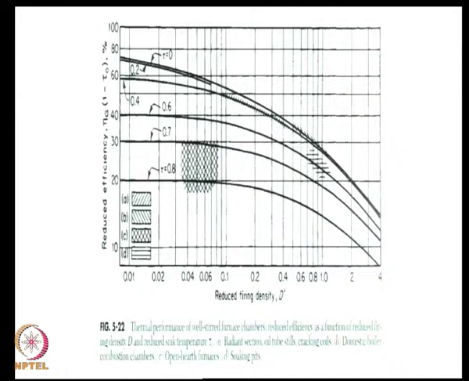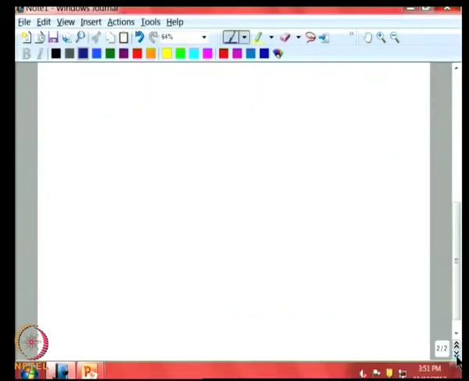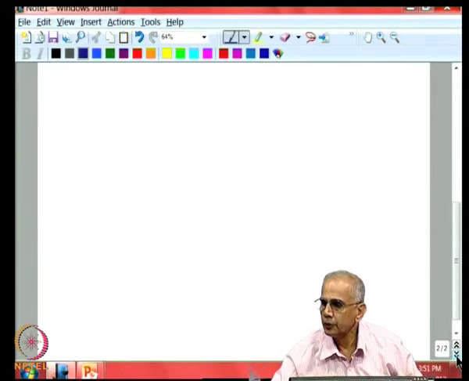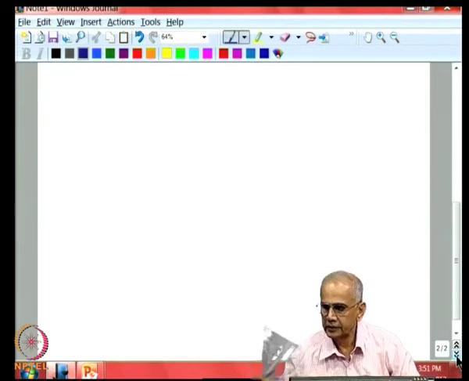Before we do that, we want to highlight some issues related to this analysis. Now, the first question that must bother you is as regards the assumption of gray gas.